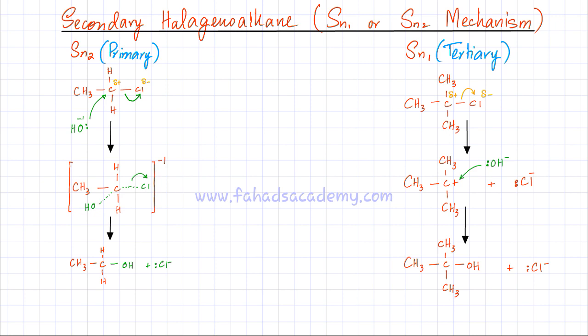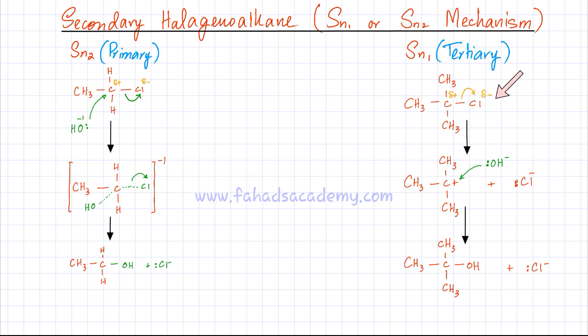So the reason why an SN2 mechanism is not possible with a tertiary halogenoalkane is that there is initially no room for attack by a nucleophile. It cannot reach this positive carbon atom, and this force of attraction is not strong enough. So the first step in this case is different. For tertiary halogenoalkanes, the first step is different.